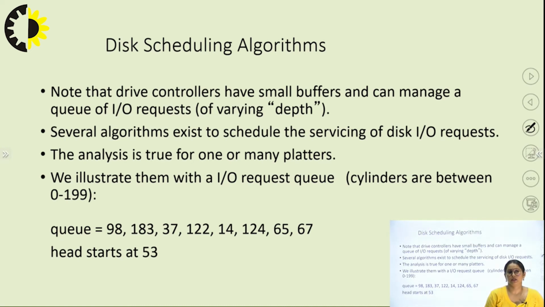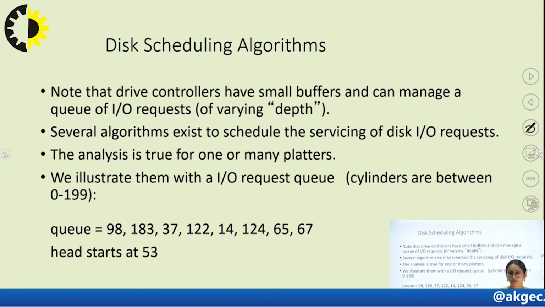Several algorithms exist in order to serve your disk in an efficient way, or to serve your input output requests much more efficiently. The analysis of these disk scheduling algorithms differs from one to another, because one algorithm may give you a best-case complexity in some cases, but the same algorithm may give you a time or space complexity in the worst case. So the analysis would differ from one algorithm to another.